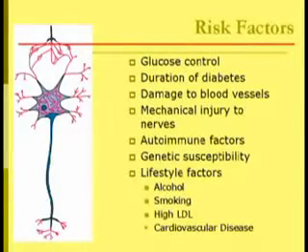There are a number of risk factors associated with the onset of diabetic neuropathy, and these include, of course, poor glycemic control and the duration of diabetes. What is also important to remember is that when you have neuropathy and if you're walking, you're more likely to injure yourself and cause mechanical injury to nerves. These nerves are more susceptible to further deterioration in their function and lead to a worsening of neuropathy in turn. A genetic susceptibility has been reported in diabetic neuropathy.